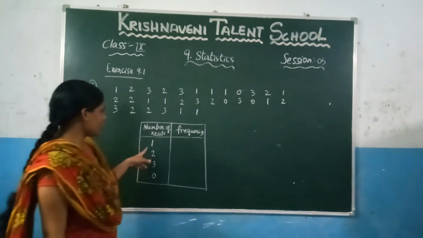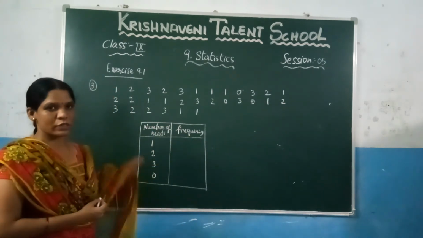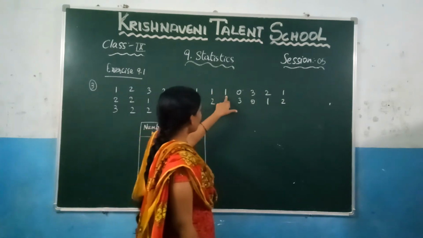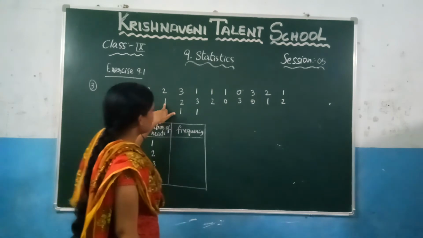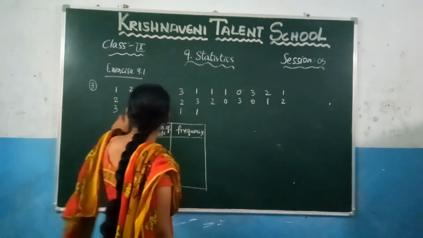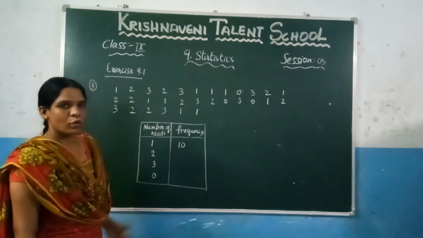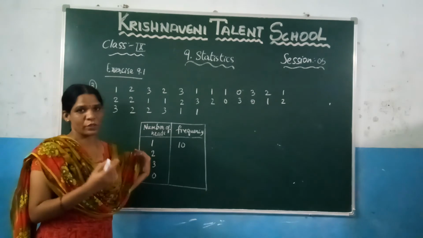Now let us see how many times 1 appears in this data. Let us count: 1, 2, 3, 4, 5, 6, 7, 8, 9, 10. So 10 times you are getting only one head. Now let us see how many times you are getting 2 heads.